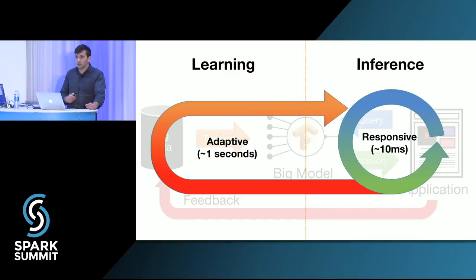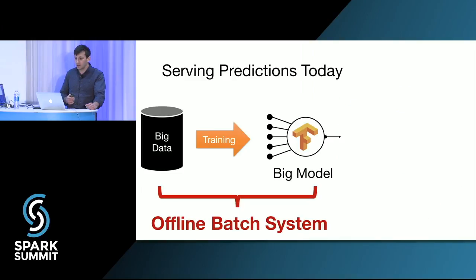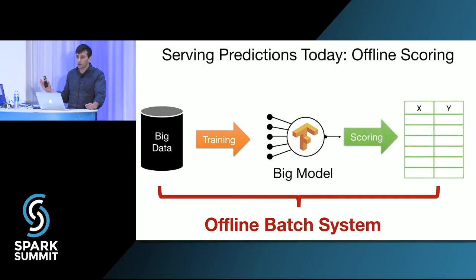So if you're going to build a machine learning application today, it might look something like this. You take your data set, you train a model using your favorite training system. And then often what's done is you actually just continue that batch job and use it to score some things that you want to score.